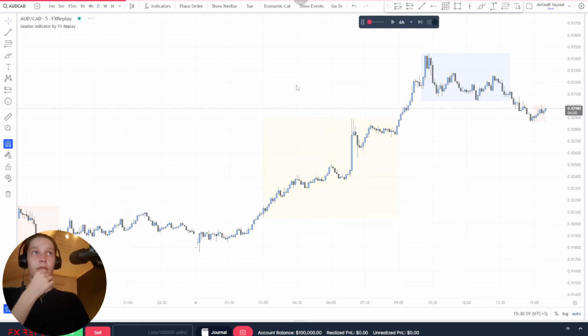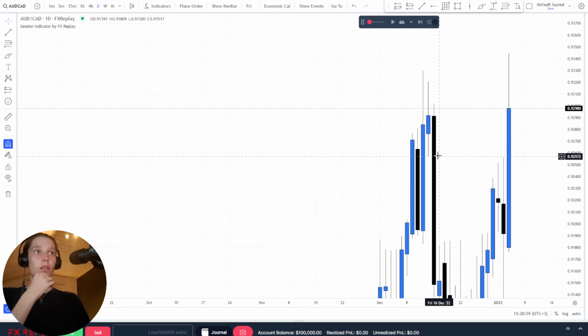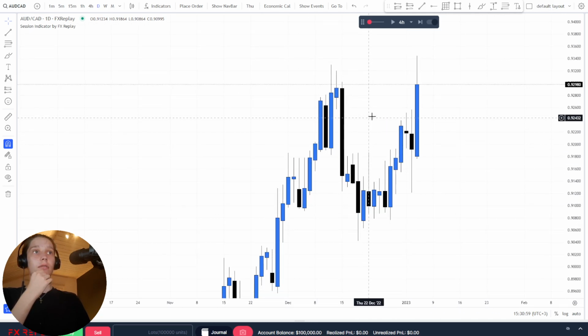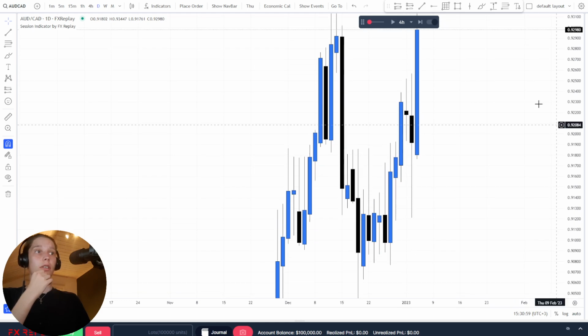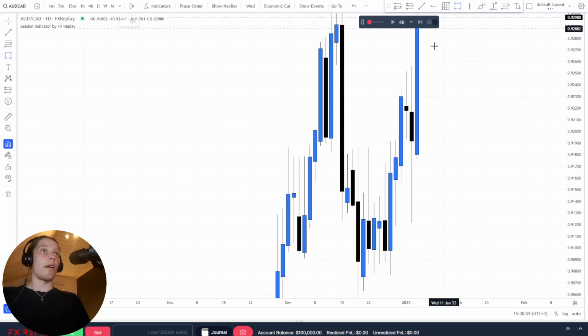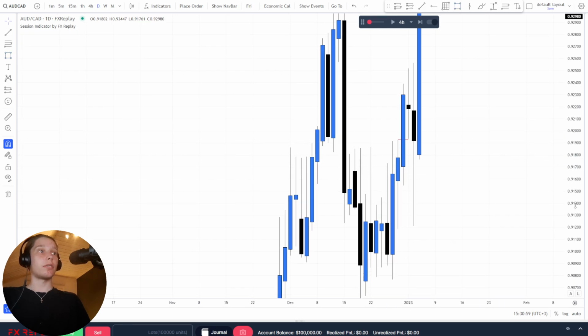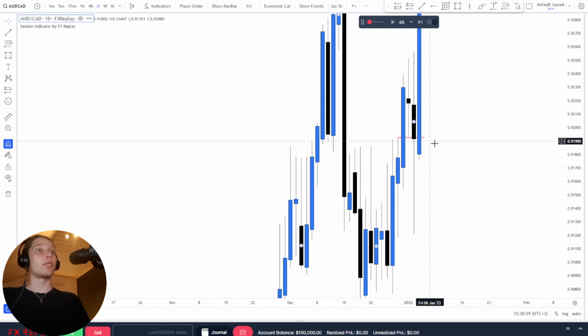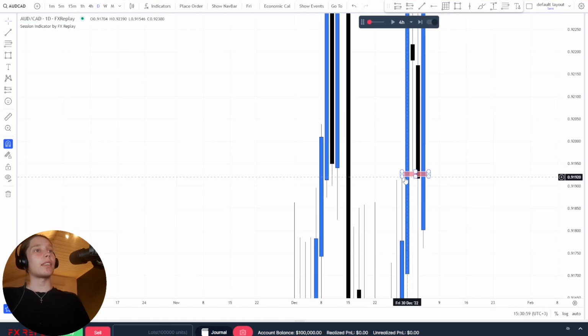Let's see what we have. As you can see, my overall bias in terms of bullishness worked out. I should have actually realized that there's this gap, because that's somewhat significant when you respect it. I mean, actually you do not respect that, but I don't know.